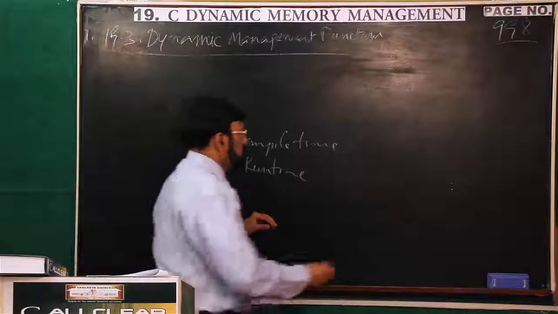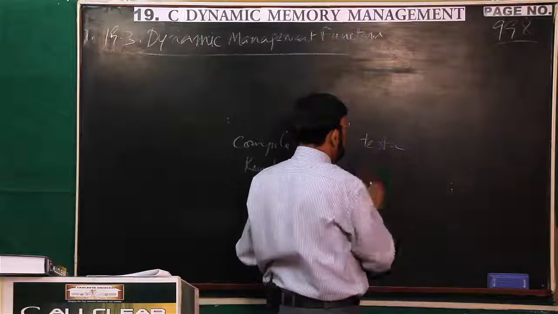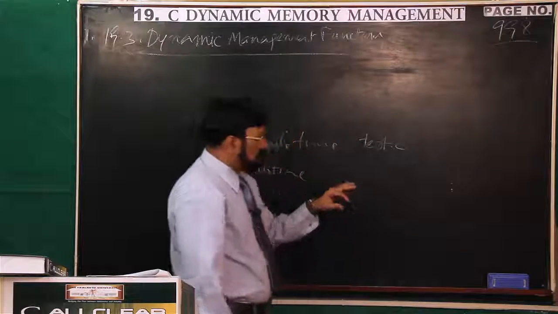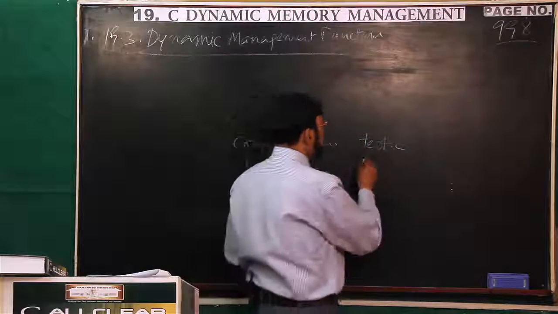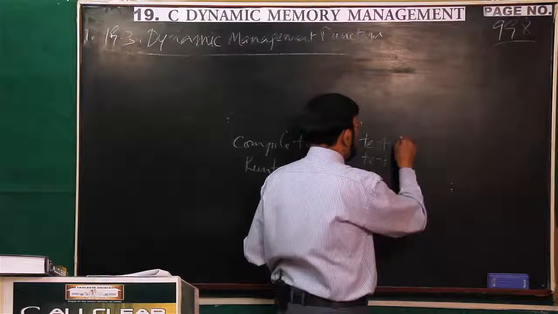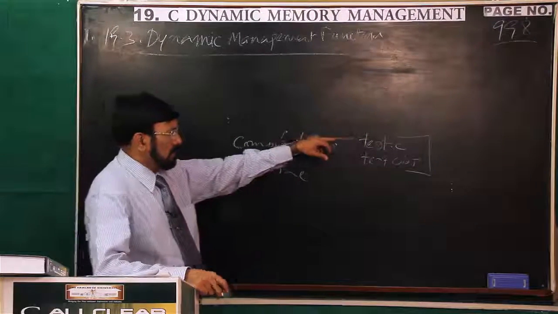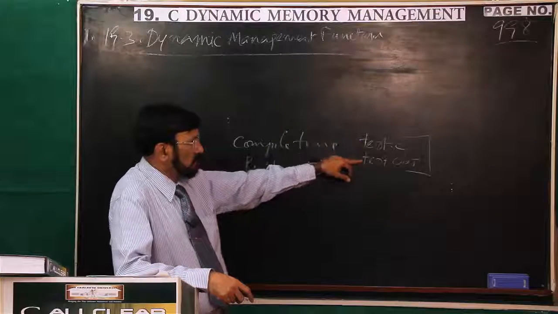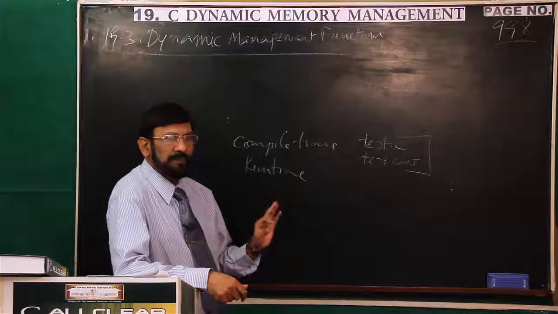Suppose this is your source code file. The source code file is converted into the next stage, object code. This duration, the conversion from the source code file to the object code file, is compile time.